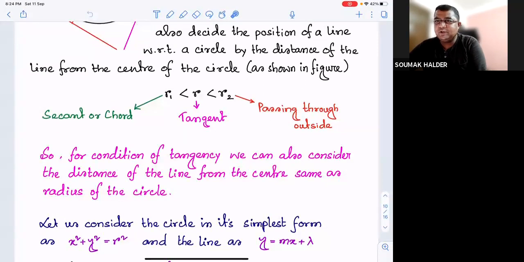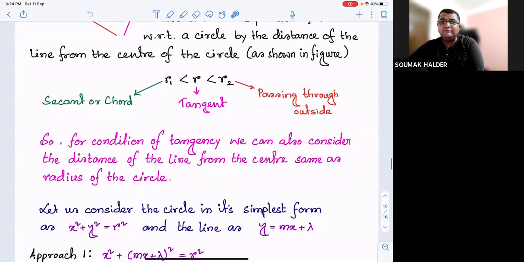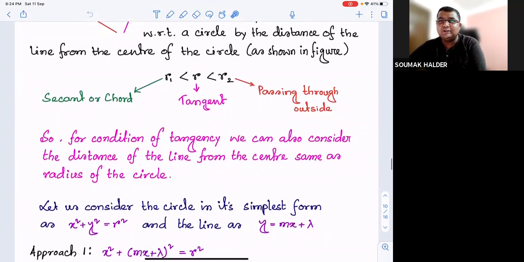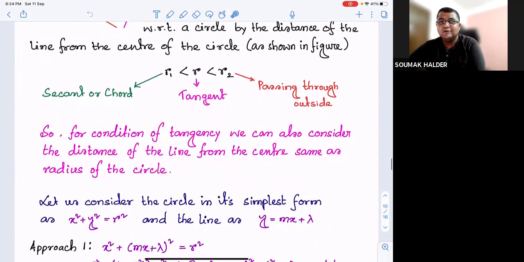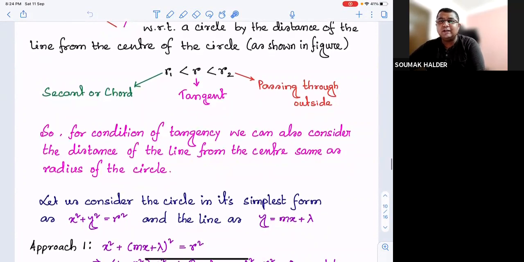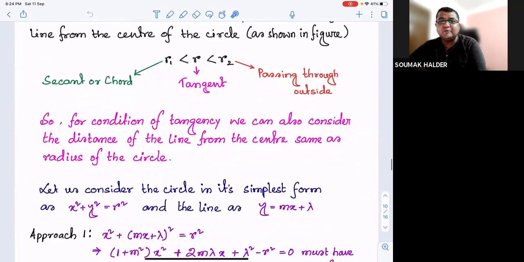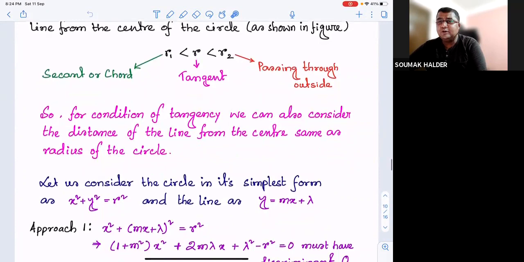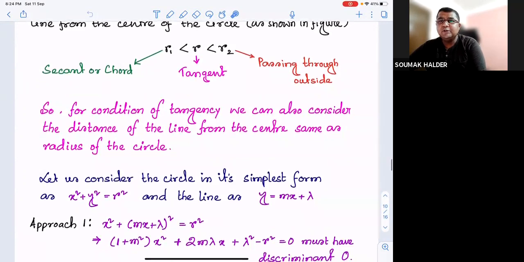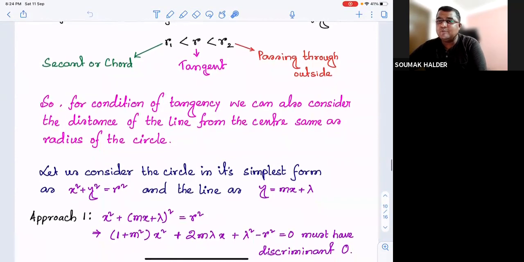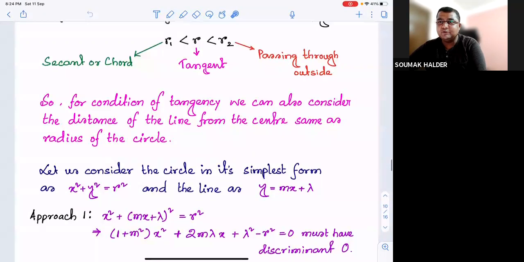Let us get to know whether it is gettable through coordinates or not, whether we can establish this fact or not. So we have firstly gone by approach one, that is the association. The association has given us x square plus mx plus lambda whole square is equals to r square. That is, on opening up, it's 1 plus m square into x square plus 2m lambda into x plus lambda square minus r square is equals to 0.